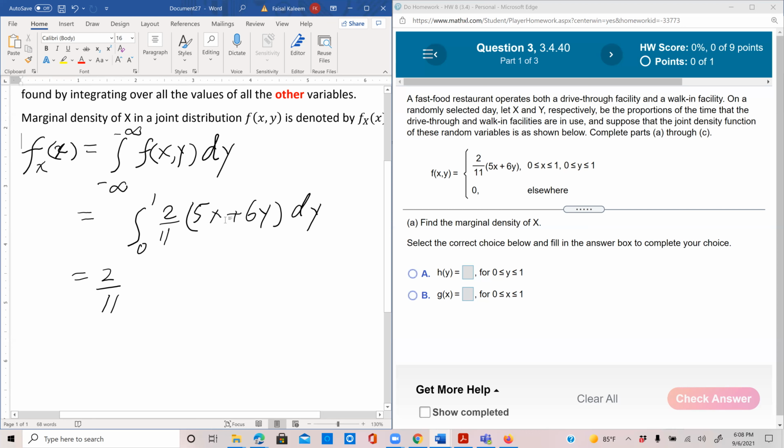The integral of any constant with respect to y is that constant times y, so the integral of 5x is 5xy. And the integral of 6y is 6y squared over 2, because y is the variable of integration. Remember, if this was just an a, the integral of a would be ay; in this case a is 5x, so the integral of 5x is 5xy.